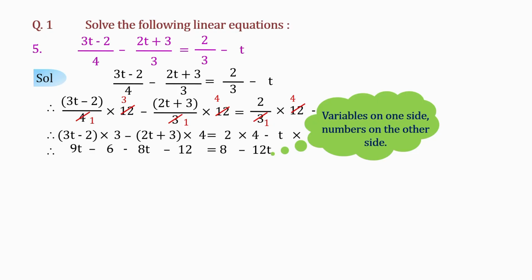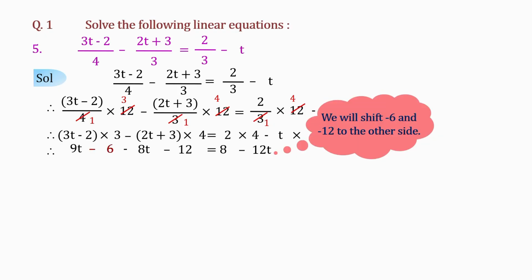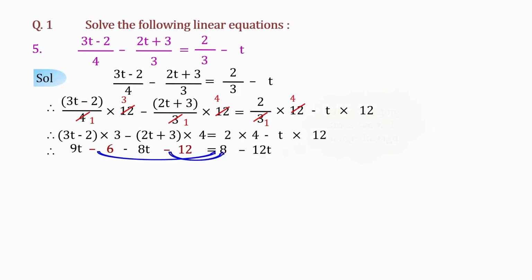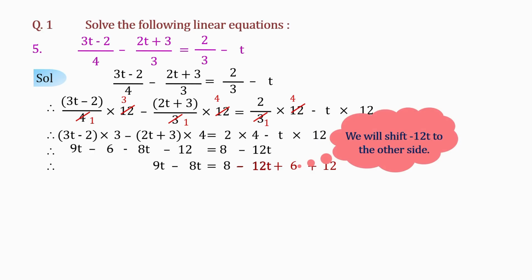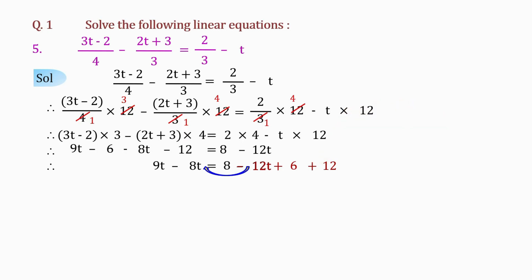Now variables on one side and numbers on the other side. So we are going to shift −6 and −12 to the other side, and it will change the sign. Now we'll shift −12t to the other side, and it will change the sign.